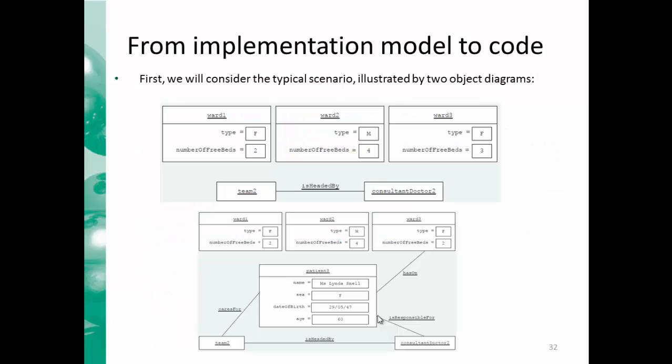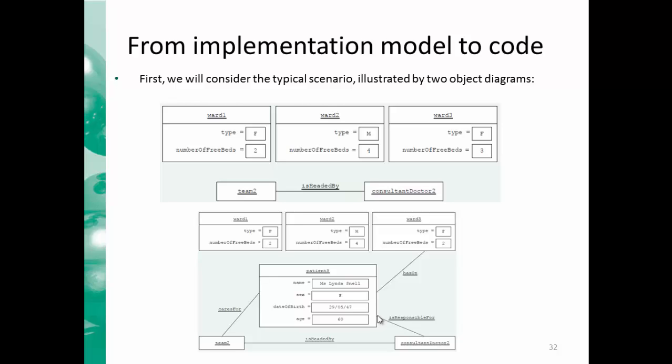In this diagram, we see an object diagram of the situation before admitting the patient, and after admitting the patient, you find that patient 8 is now linked to ward 3 and also linked to team 2 with the head of that team, consultant Dr. 2. So this is the scenario, and the dynamic model represents that the patient has been admitted to the ward.